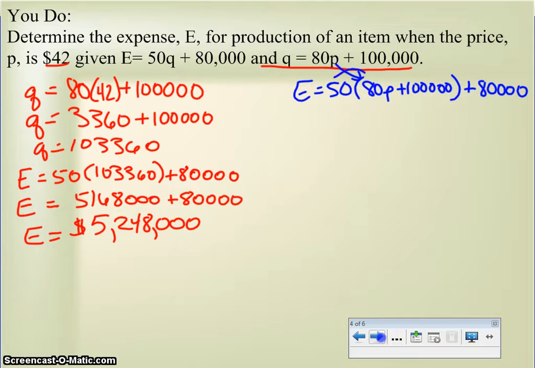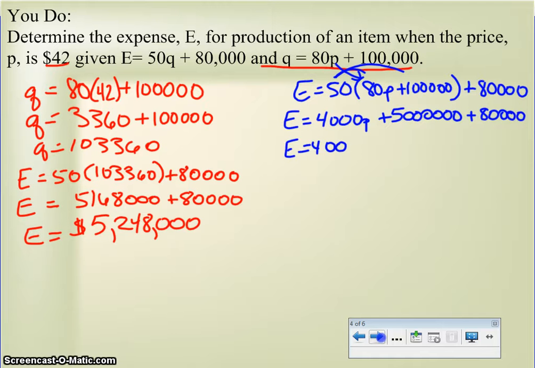Next, I'm going to go ahead and distribute, and I've got E equals 4,000P plus 5 million plus the 80,000. Adding those together, I've got E equals 4,000P plus the 5 million and then 80,000.